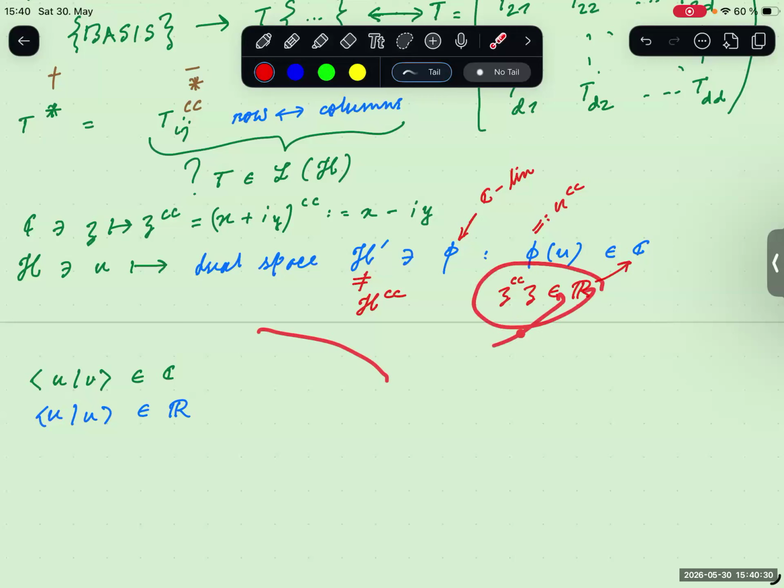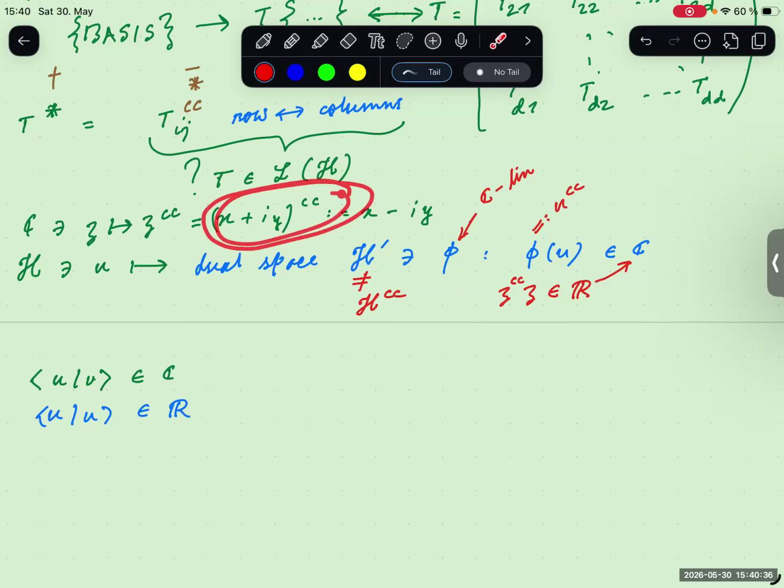So what is the generalization? This similarity tells us what is the relevant analog for complex conjugation for Hilbert spaces. Can you see? Exactly. So this is precisely the inner product that gives you the complex conjugation.